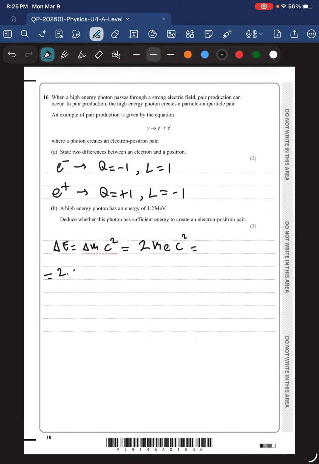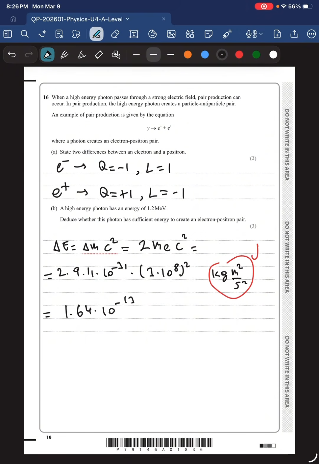So 2 times 9.11 times 10 to the negative 31 times (3 times 10 to the 8) squared. And then we have kilograms meter squared over second squared, and this corresponds to joules. So this yields 1.64 times 10 to the negative 13 joules.